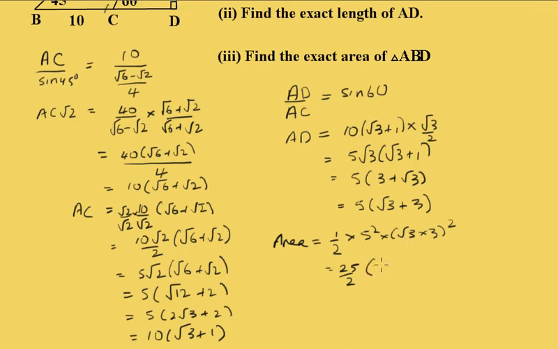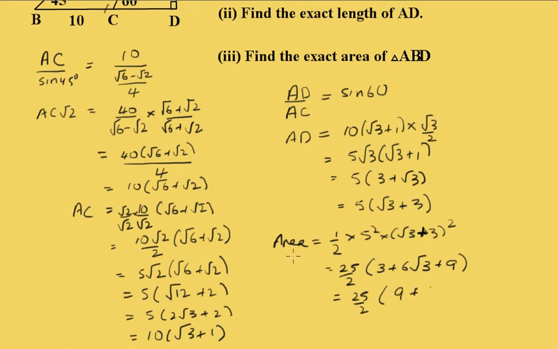Now root 3 squared is 3, plus twice the product, that's going to be 6 root 3. Looks like a times there, it's a plus, sorry. It's a plus in there. And this will be a 9. You square it. And that becomes 25 over 2 into 9 plus, sorry, 12.